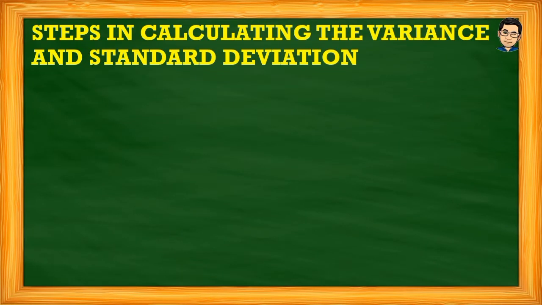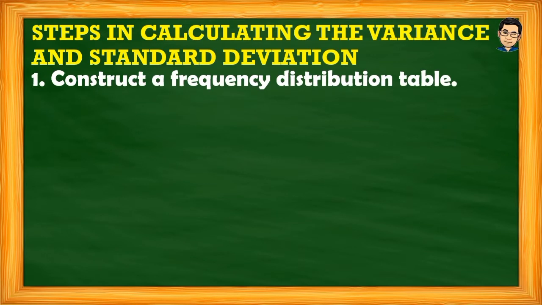So here are the steps in calculating the variance and standard deviation. Steps ulit ito. Anyway, kahit banggitin ko yung mga steps na yan mamaya, i-apply naman natin, makikita nyo naman kung paano ko isosolve yan at fill out yung mga columns. First, construct a frequency distribution table.